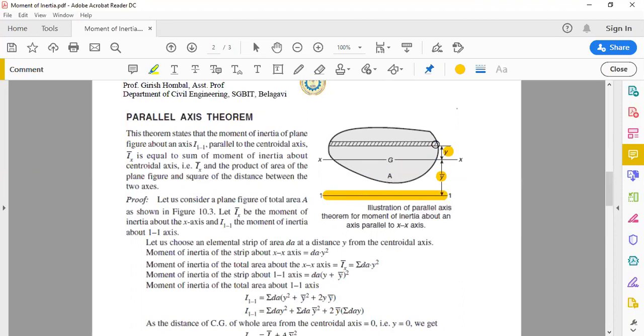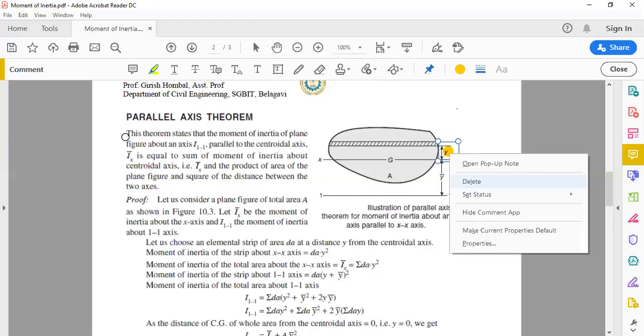So basically we have an irregular lamina of area A. We have two axes, that is x axis, which is passing through the CG of the irregular lamina, and axis 1-1, and the distance between these two axes is y bar, and we have an element which is in the form of a rectangle, and that element is located at a distance of y from x axis. So let us see what actually the parallel axis theorem states.